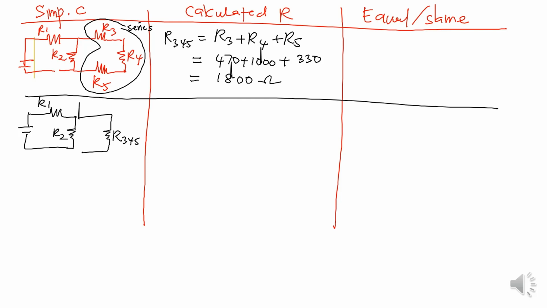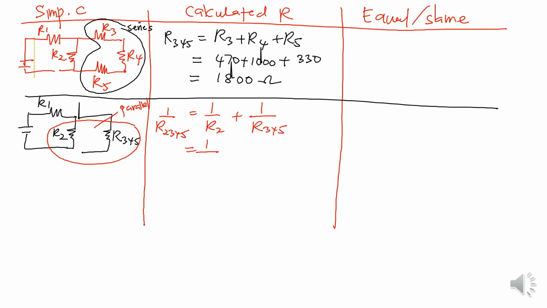Yang ini disambung secara parallel. 1 over R2345 equals 1 over R2 plus 1 over R345. R2 is 2200, R345 is 1800. So cari R2345 ya, bukan 1 over. Saya nak R2345. So kita akan dapat 990 ohm.